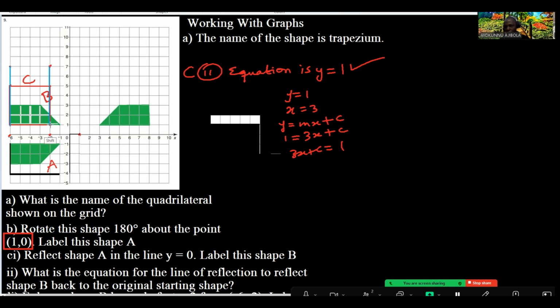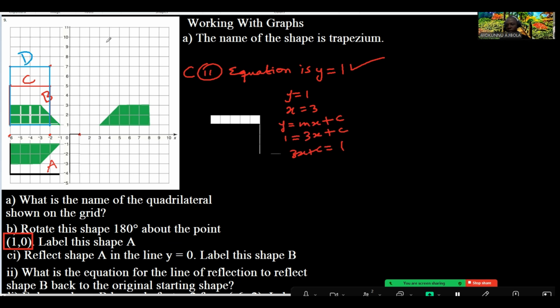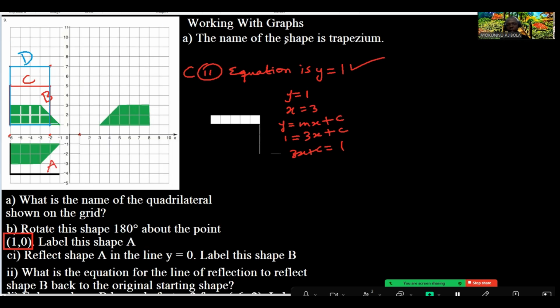Okay, are you watching this? Yes. Okay. And we have this. So this is becoming a rectangle. Let me name it D. So the area of D is what we want to find now, okay?